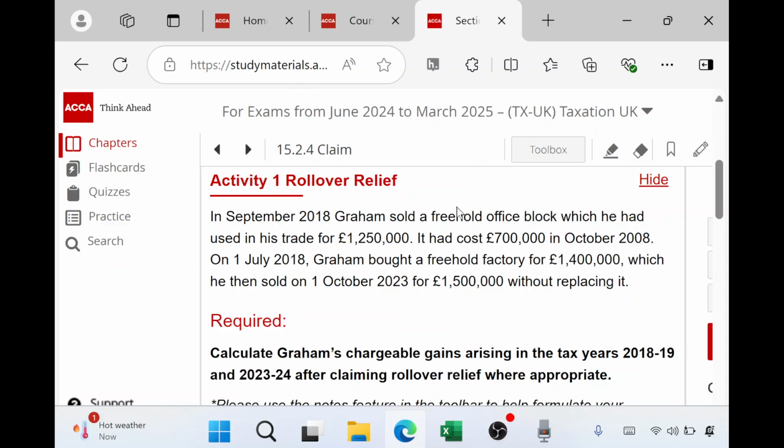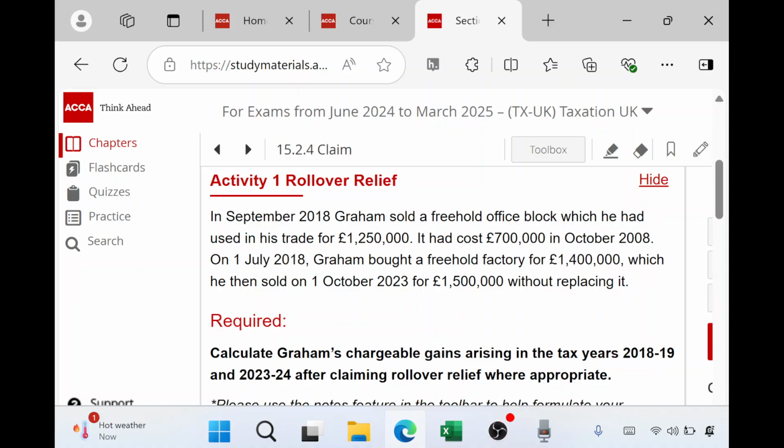It's a freehold office, and in addition, he's used it in his trade. Two key conditions in relation to rollover relief: qualifying asset and use in trade. Note that the asset had cost $700,000 in October 2018. The gain is going to be pretty simple to calculate. Easy peasy, some easy marks.